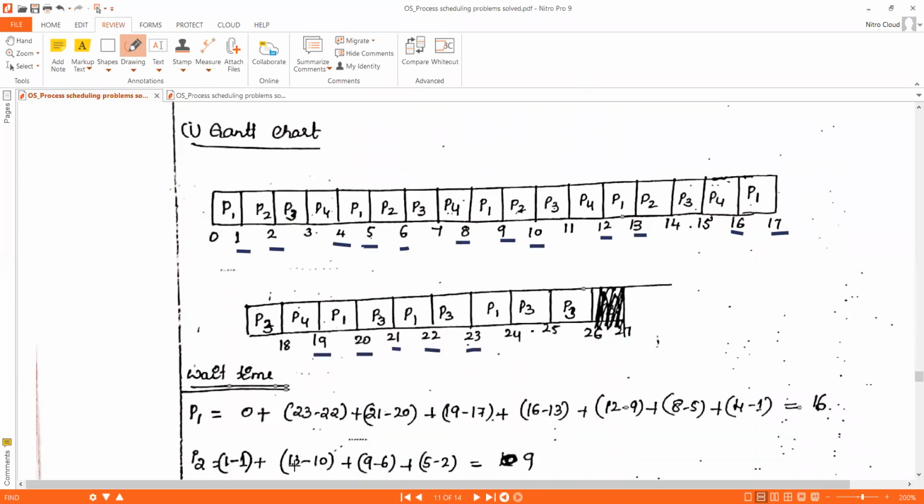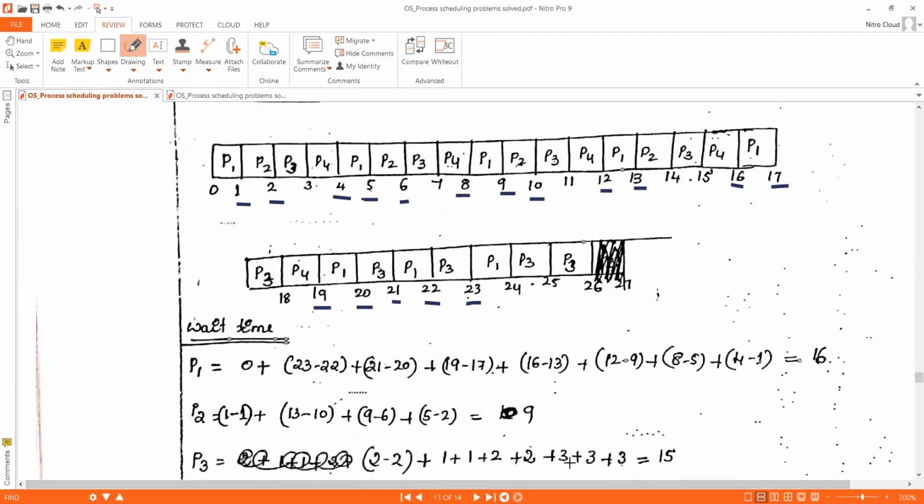Next, plus the last allotment of process 2, that is 13, minus its previous preempted time from the CPU, which is 10. 13 minus 10 plus 9, that is the previous allotted time, minus its previous preempted time, that is 6. 9 minus 6, plus 5. 5 is the previous allotted time and its previous preempted time is 2. 5 minus 2. We'll get the total waiting time for process 2, that is 9 milliseconds.